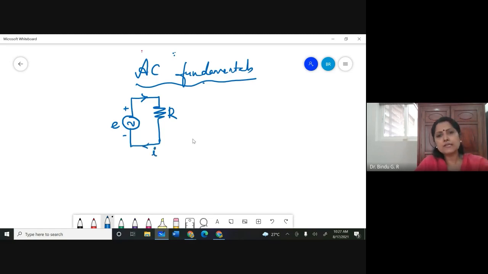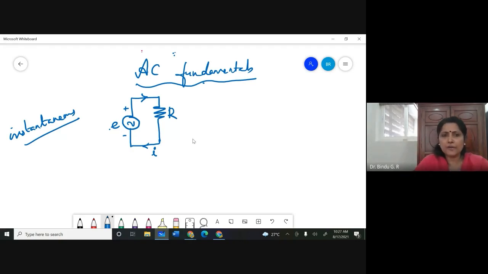All of you should understand that now I am using small i, small e, etc. to show that they are instantaneous values. Instantaneous values means changes from instant to instant.